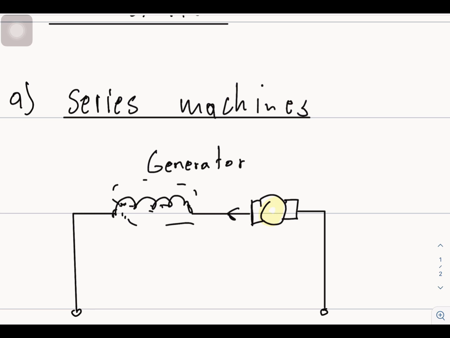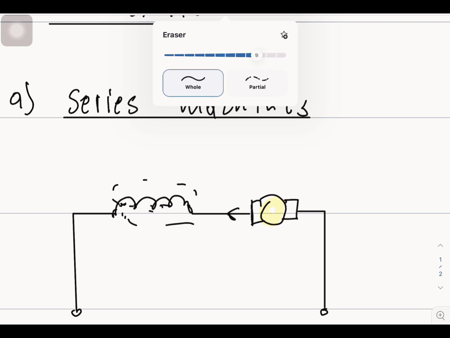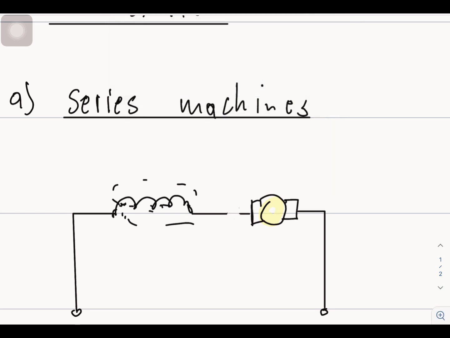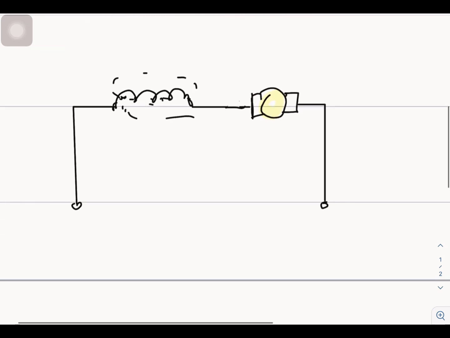For example, if this is a series motor, we are supplying, not generating. So a current flows because we are supplying a voltage, which is I load.